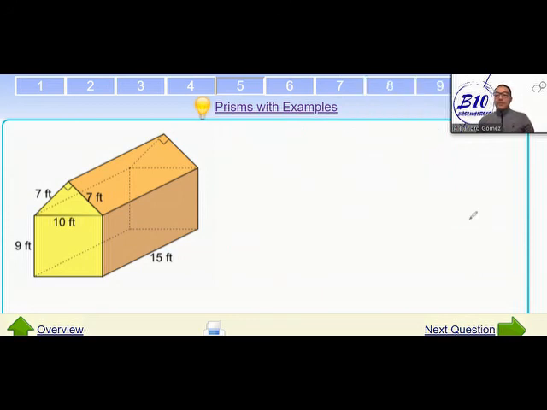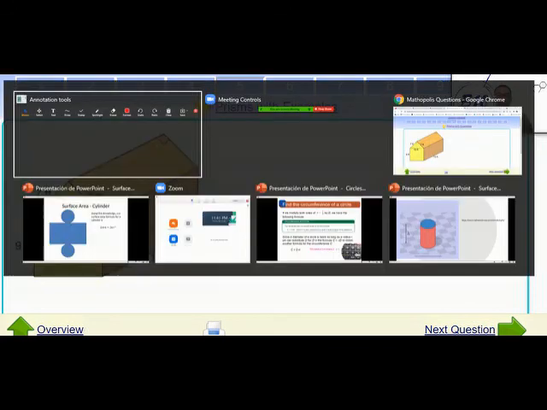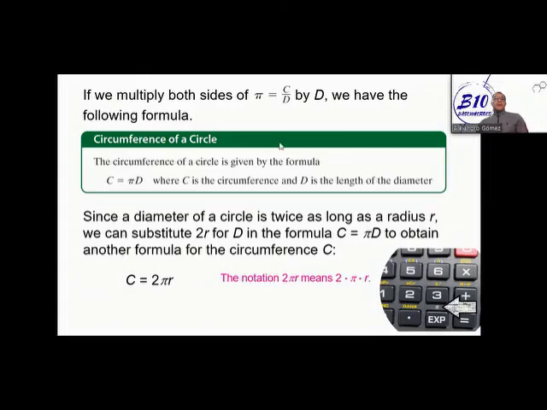Okay, let's go on. So what we are going to do is, first of all, we are going to remember how to get the circumference of a circle.